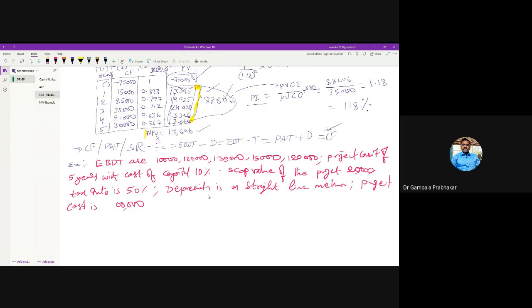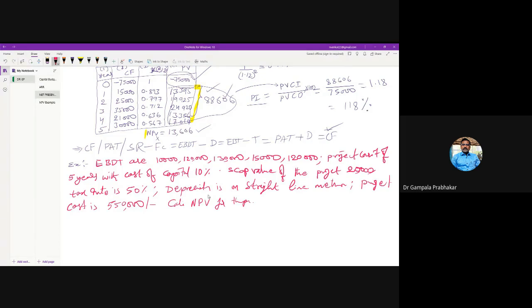Let us take 5 lakh 50 rupees. Calculate NPV for the project, right?